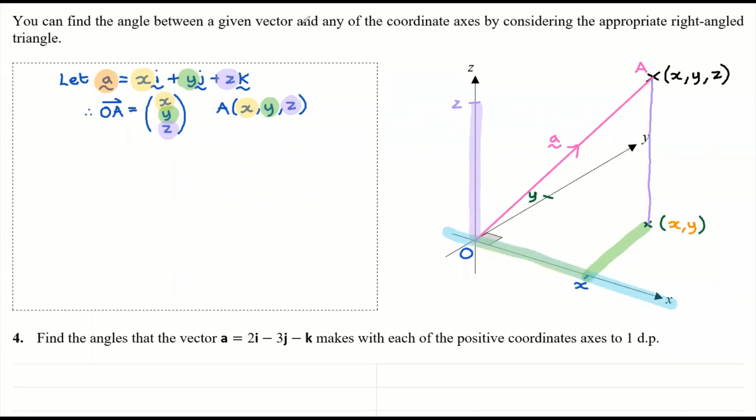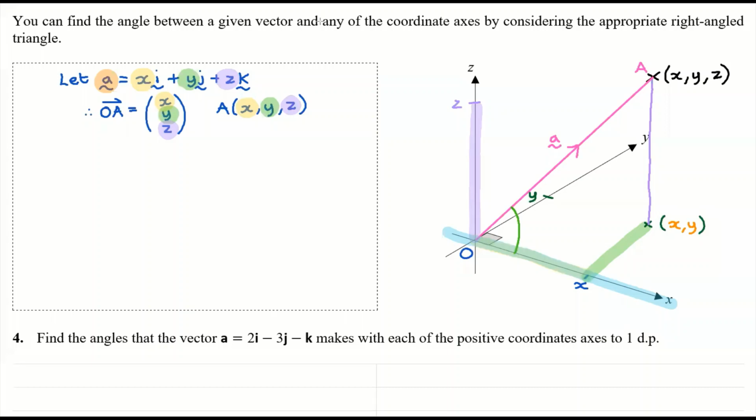So if I draw an angle from the vector to the x-axis, it's a tilted angle, if you like. So imagine that I complete a right angle triangle. So I'm just going to do that, and hopefully you can see it.